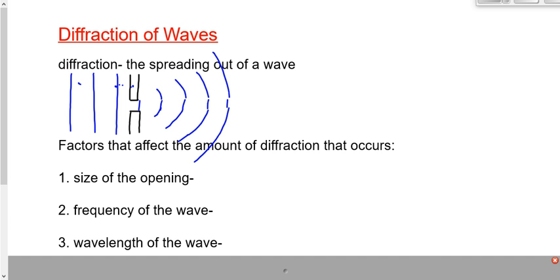So if you decrease the size of the opening, then the amount of diffraction will increase. So this opening up here, if I make that smaller than it is right now, the waves are going to spread out even more than they're spreading out right now.